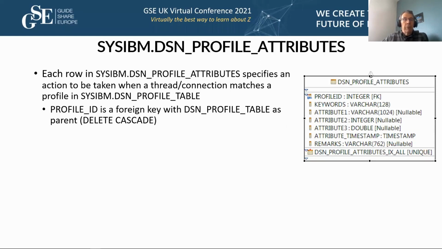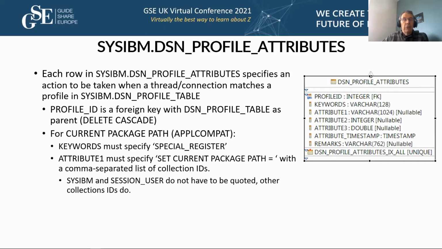So DSN profile is the parent, and that is defined with delete cascade. So if you delete a row with a profile ID from the DSN profile table, all the matching profile IDs in DSN profile attributes will be deleted.